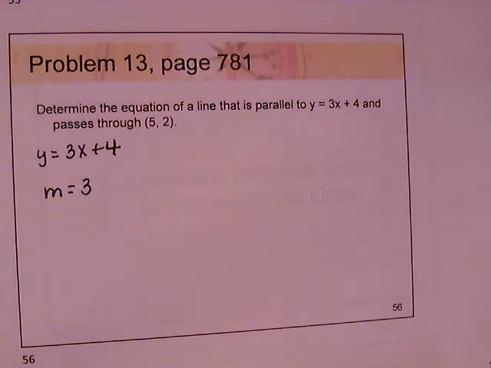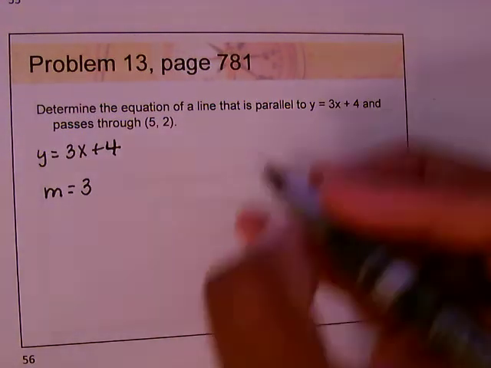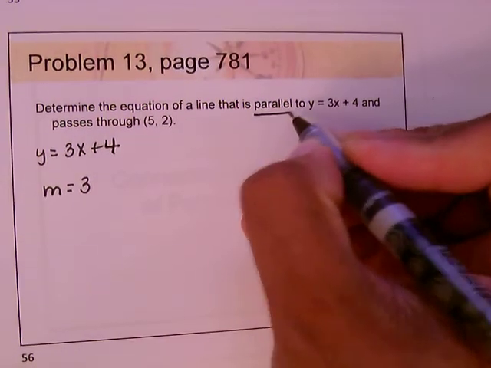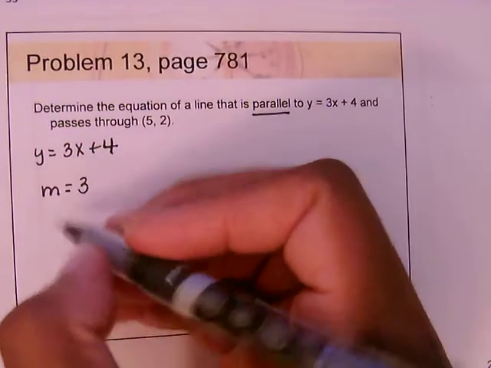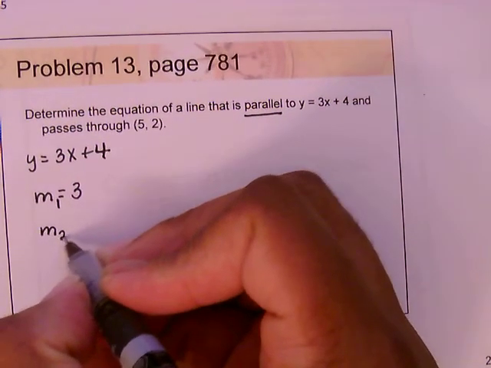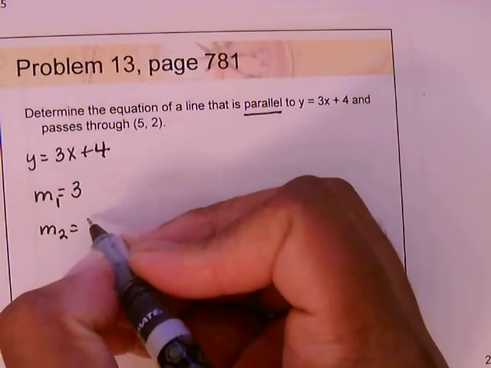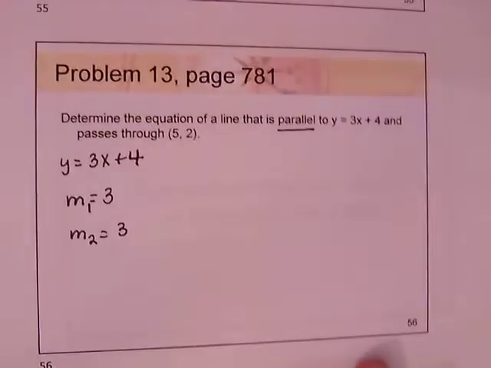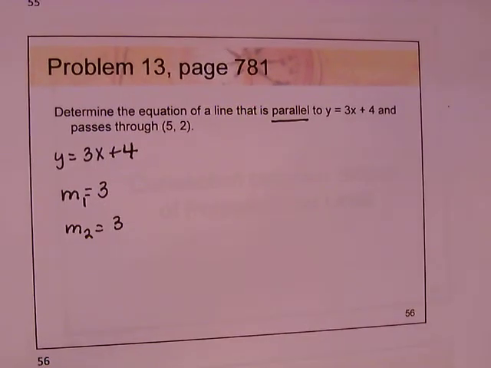Now, we're told that the line that we're looking for is parallel. So if the slope of this line, which I'm going to call m1, is 3, then the slope of the second line has to also be equal to 3. Parallel lines have the same slope.